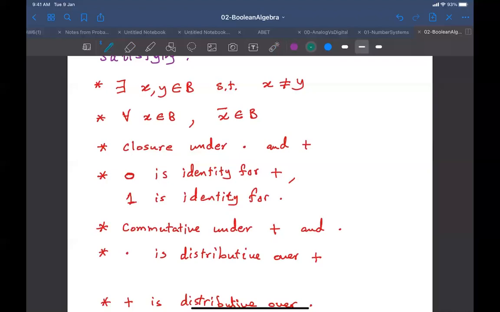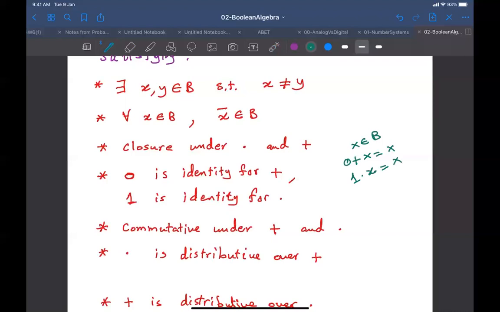It means if you add 0, it doesn't make a difference. So if you add 0 to x, the answer is going to be x. So here, the 0 is the identity for the or. This is or. It's not addition. So this means that 0 ORed with x is equal to x, where x is in B. Also, 1 is the identity for the and. So 1 ANDed with x is x. This is what identity means.